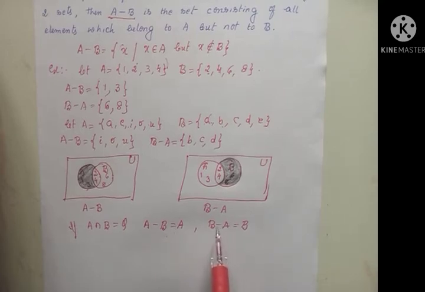B minus A is the set of all elements of B which are not in A, so the answer is the set B itself. Okay.